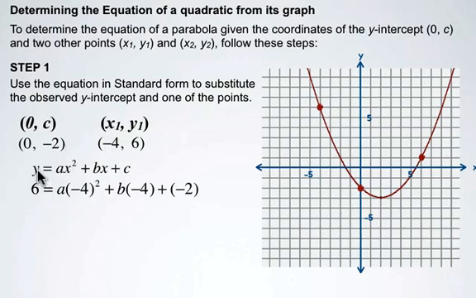Our y is 6 from here. Our a we don't know yet, but we know our x, which will be our x1, which is -4.